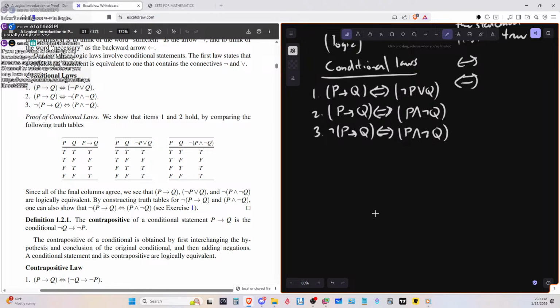Okay, here we go. Proof of the conditional laws. P and Q. Yeah, it's always great when it's 2 statements, but when it comes to 3 statements, that's when it gets a little bit annoying, because then you have to keep track of all the T's and the F's, and it's like, oh my gosh.